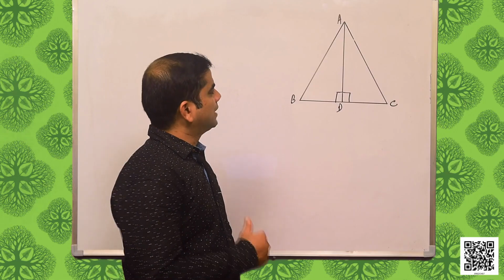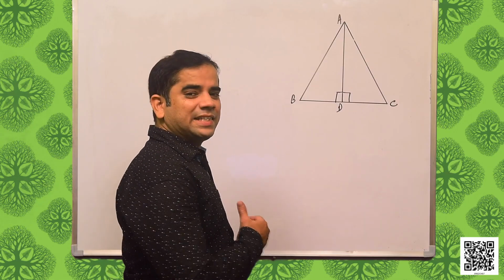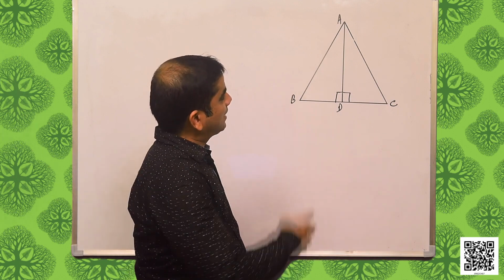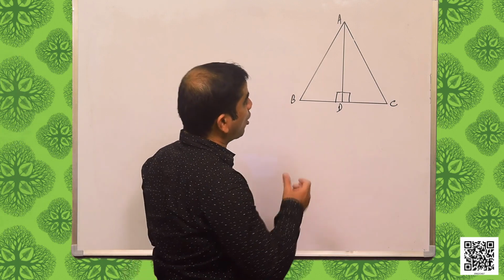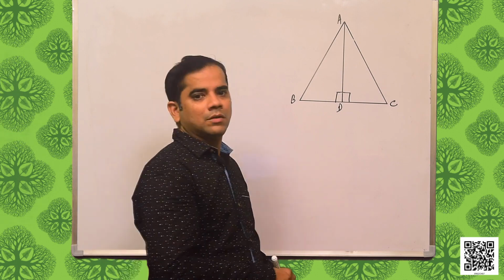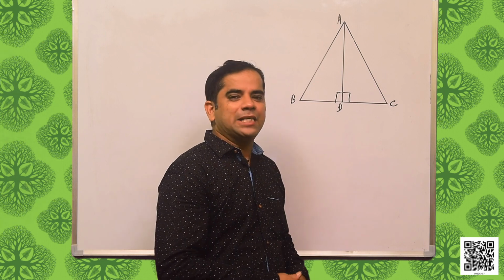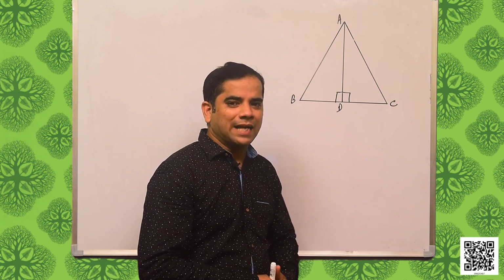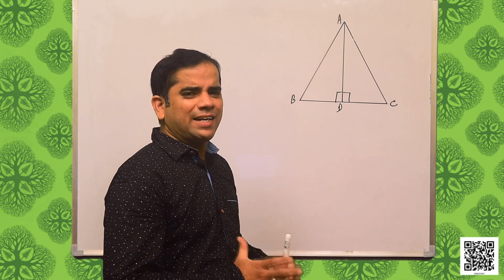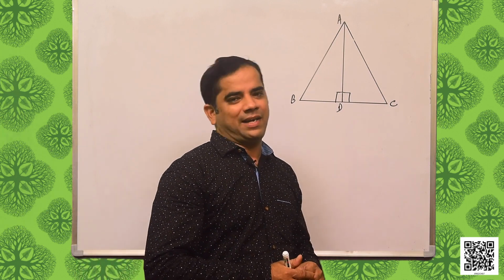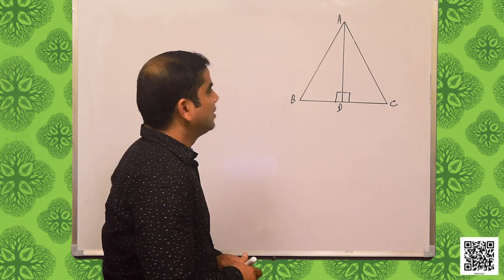You can clearly see that triangle ABC is there and AD is the bisector of angle A. That means AD is perpendicular to side BC. So let us try to solve and find out about AB and AC.